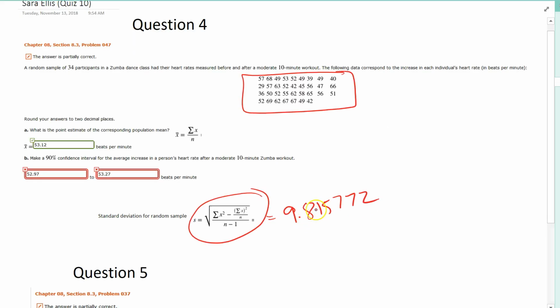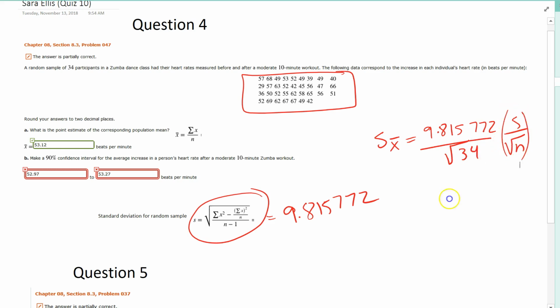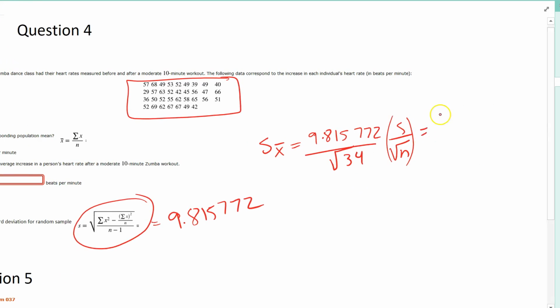I then find the estimation about our x mean, which is going to be s divided by square root of n. And in this case, n is 34. Right? So if I plug that in my calculator, I end up with 1.683391.